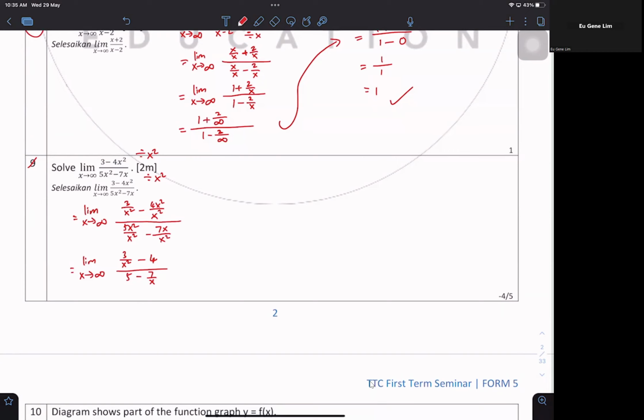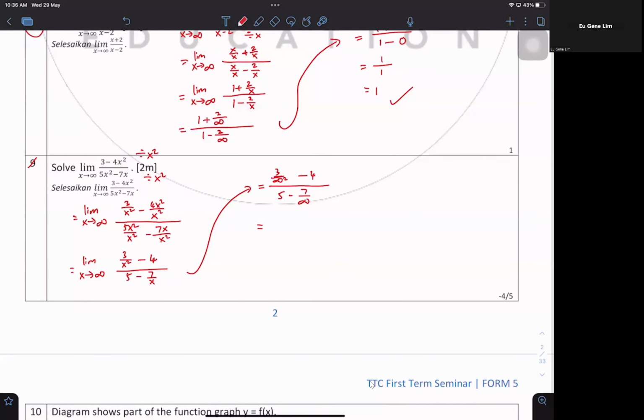Once the bottom is x already, then you can substitute. So you sub, becomes 3 over infinity squared minus 4, over 5 minus 7 over infinity.